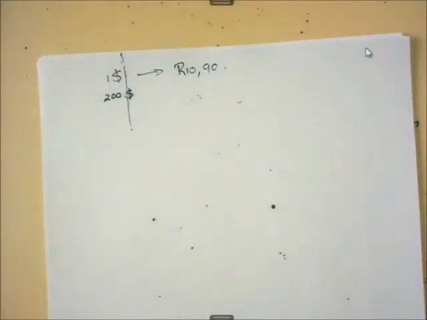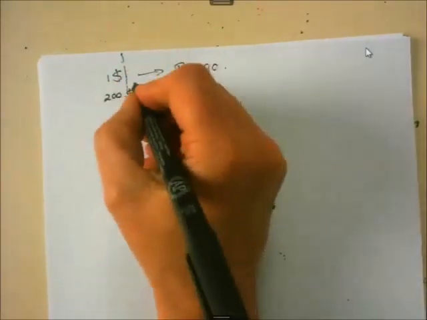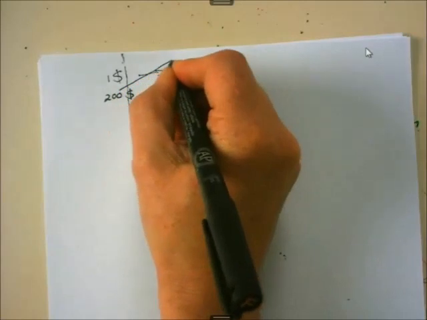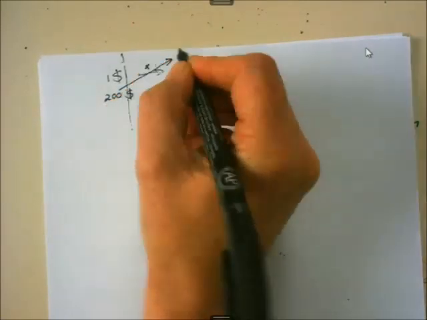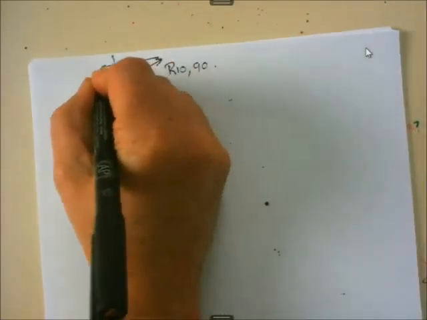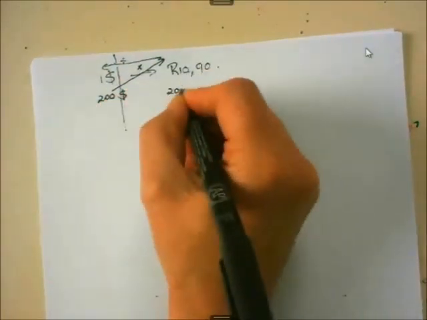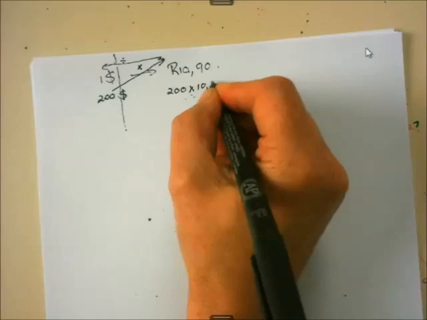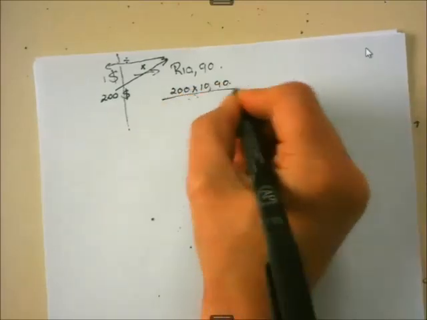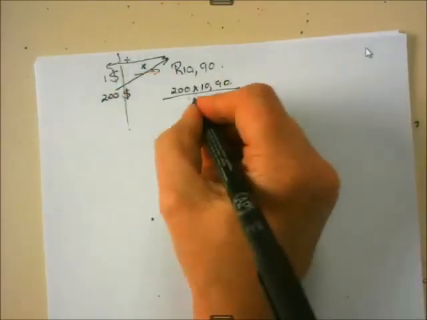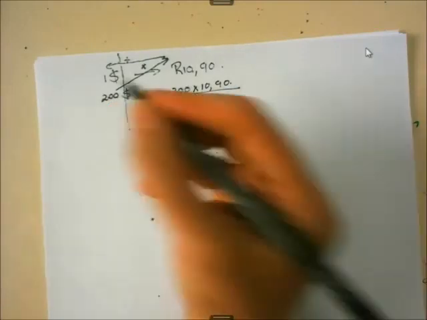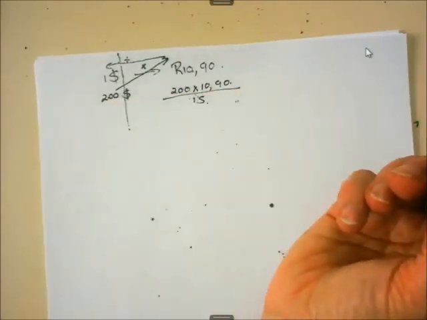Now what am I now going to do to get the answer? I'm going to multiply in that direction and I'm going to divide in this direction. So it is 200 multiplied by 10 Rand 90 divide by $1. It will tell me $200 is going to be how many rands.